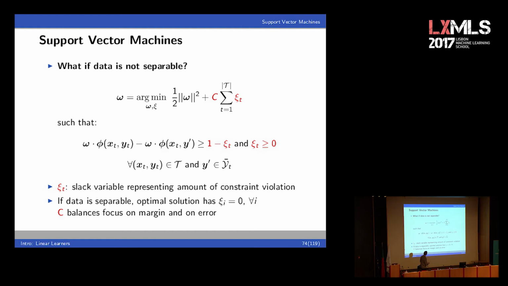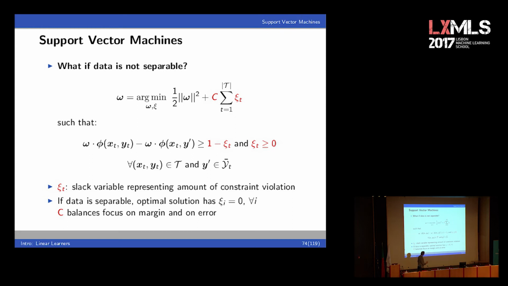So what we are saying is our constraint can be violated by a certain amount, xi, which is greater or equal to 0. If we overshoot or undershoot, then we account for this by xi, and we allow some kind of error, which is formalized by this term xi.